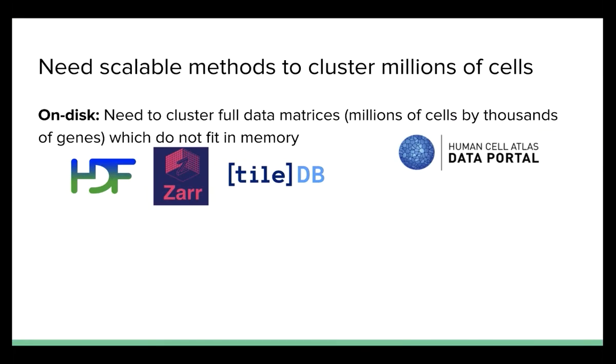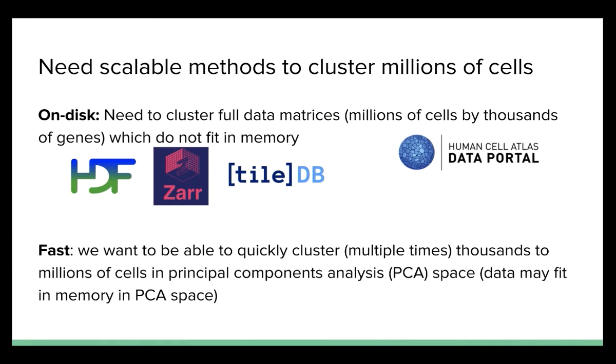And the reason that we may need to work with data on disk is that, for example, you cannot simply load the data into memory, or you cannot perform some task such as clustering on the full data sets in memory. Some example file formats that you can use to store data on disk are HDF5 and more recently Zarr and TileDB. And I highlight that some of these formats have been adopted by global organizations such as the Human Cell Atlas.